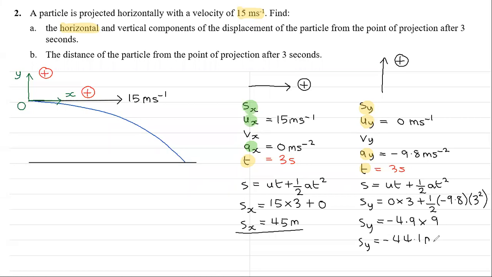Now it's negative because I've taken the positive direction to be vertically upwards. And because the particle is actually descending due to gravity, it's going to be a negative displacement.